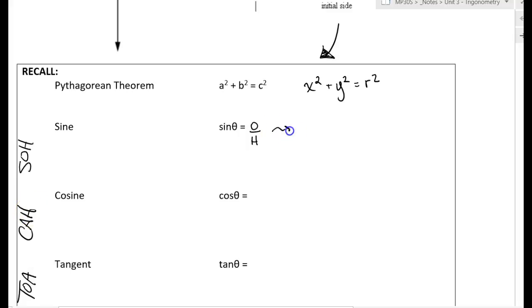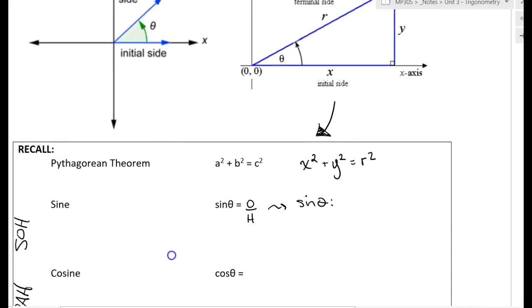But now we're going to rewrite this in terms of our new variables in that picture above. It's going to be sine theta. Do not call it sin. Okay, it's a sin to call it sin. Sine theta equals, now it's going to be opposite. So we go straight across. That's y over the hypotenuse.